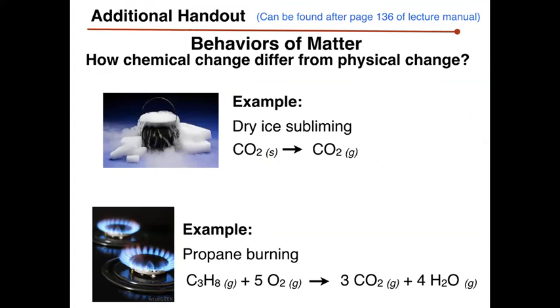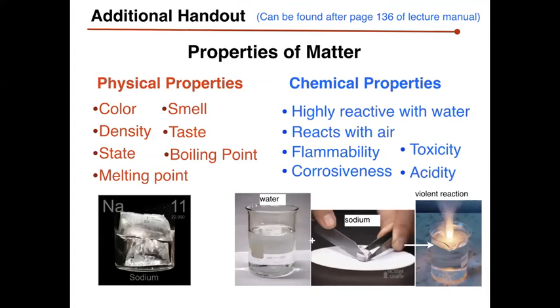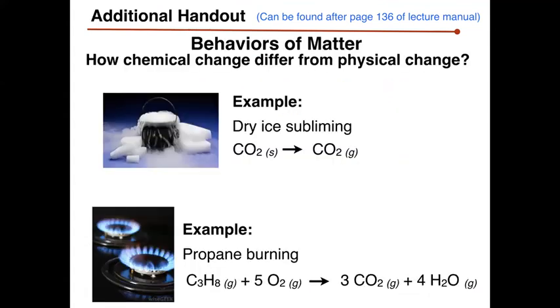When we talk about property, we classify as physical and chemical. Same thing for behavior as well. We need to be able to classify them as physical or chemical. Physical, similar to what we mentioned earlier, will not change the composition, but chemical would definitely change the composition. For example, dry ice, right? Dry ice is composed of solid carbon dioxide.